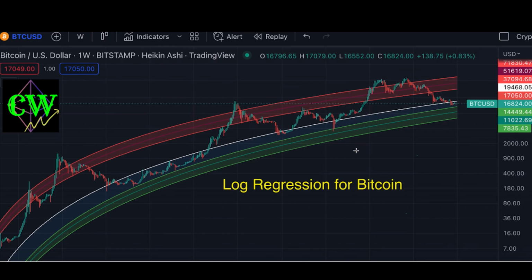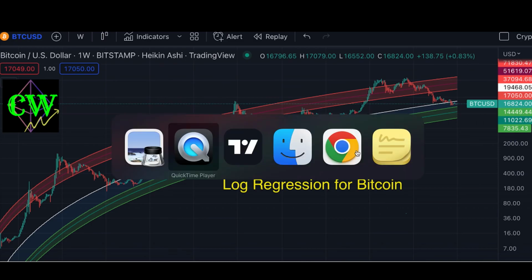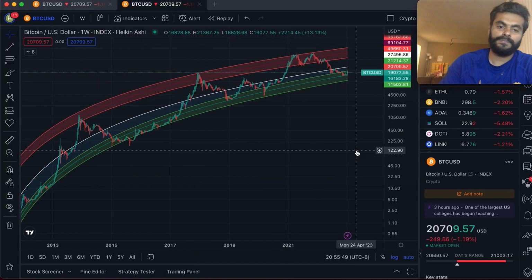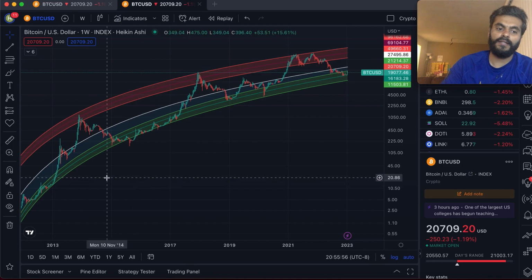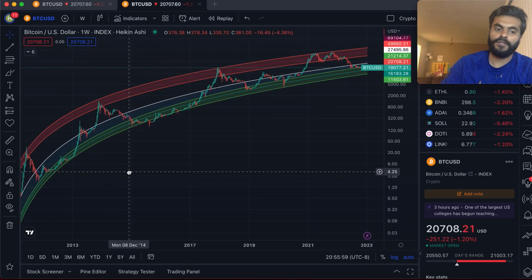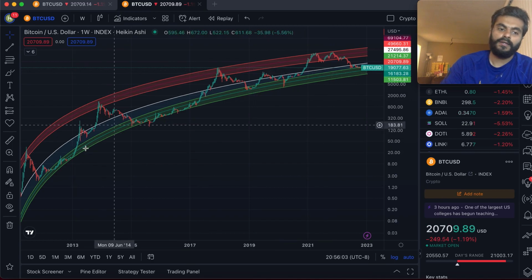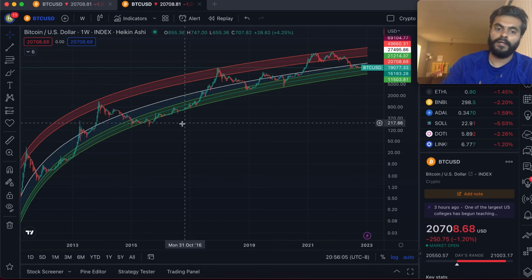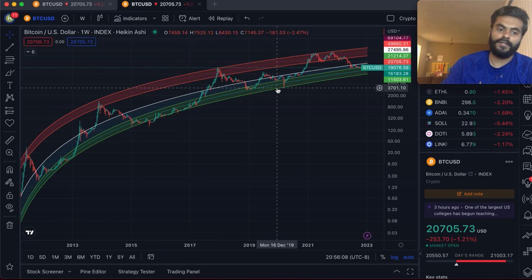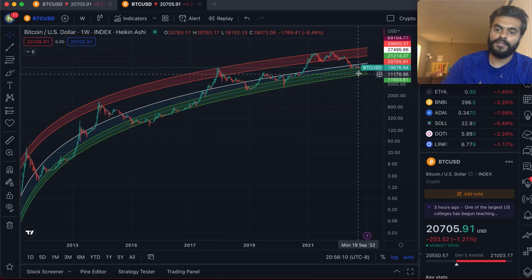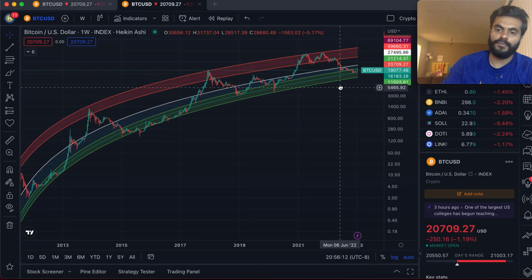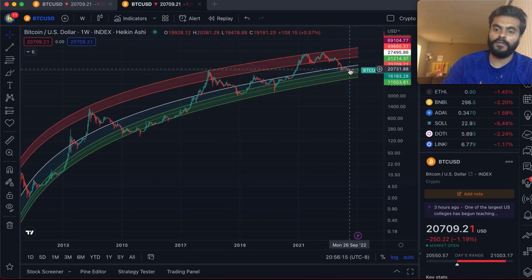So coming back to the logarithmic regression, which is well fitted to the price action of Bitcoin in the last four market cycles that Bitcoin had ever since it was launched. And you can see that there were 1, 2, 3, and 4 major peaks, and four visits to the undervaluation territory, if you consider this area as undervaluation, that we visited since October or September of 2022.